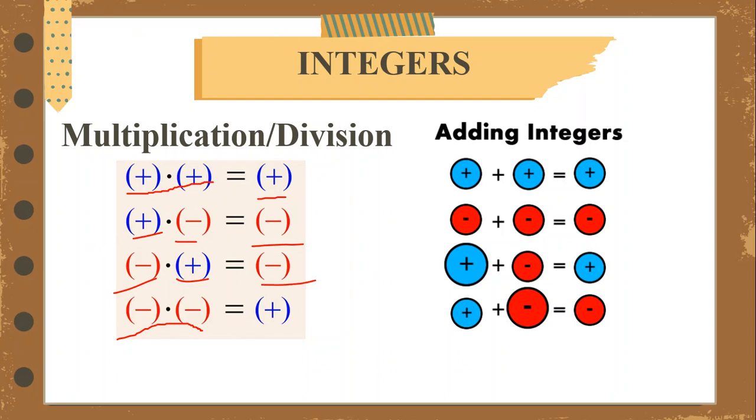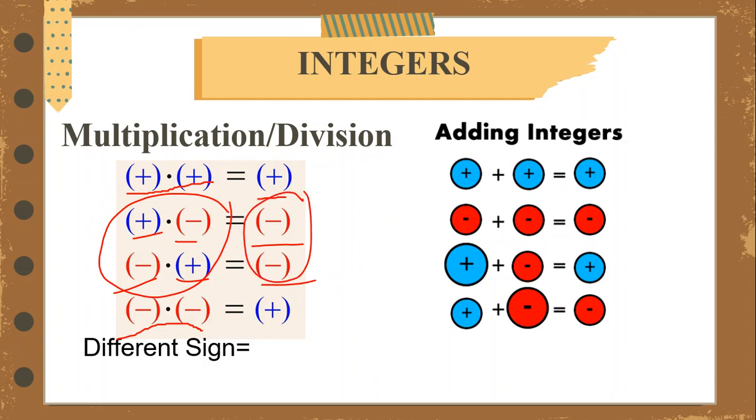So therefore, what can we say about multiplying and dividing integers? As we can see, if it's a different sign, like positive times negative and negative times positive, it's equal to negative.